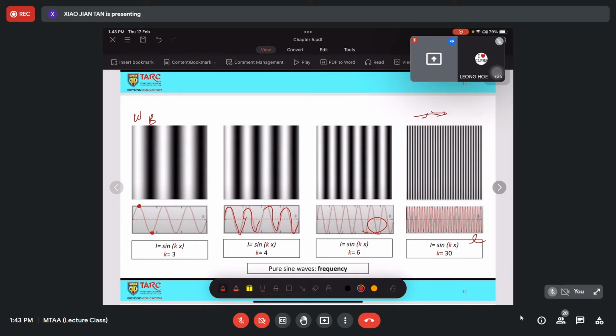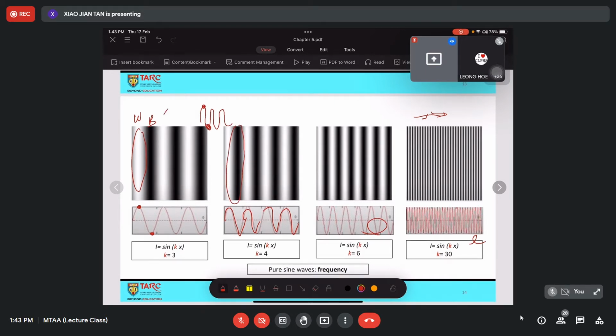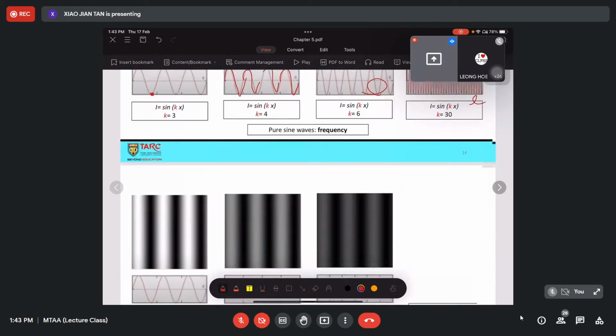Why? Because each of the peaks contributes to one white strip, and each of the bottoms contributes to one black strip. That is why you have the black strip very far away, and then it continues to become a lot of white and black strips. Okay, so this is K.